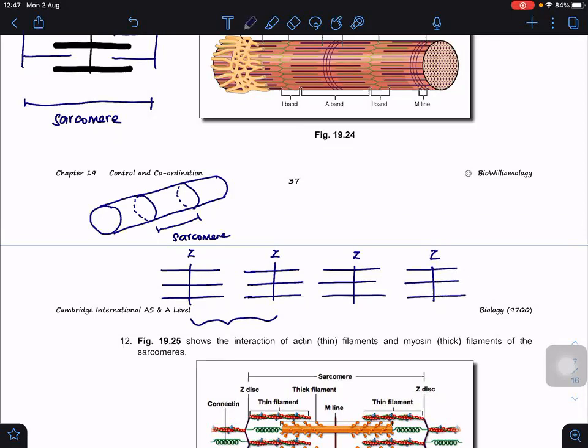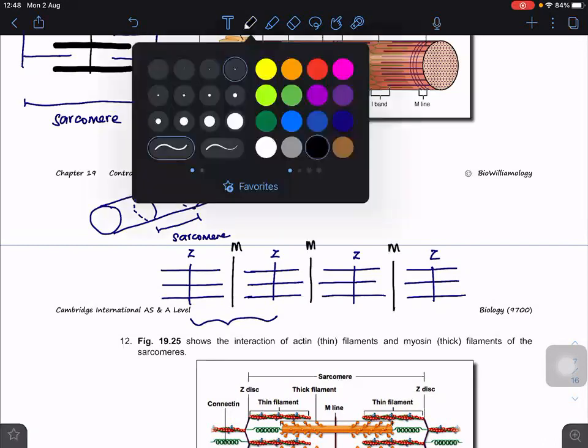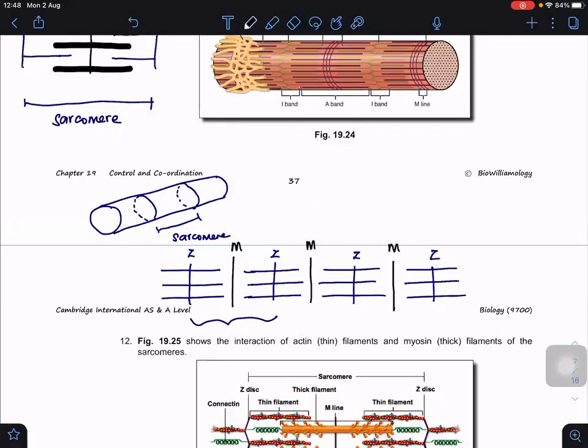Then we do have the M line in between, M line, M line, M line. What does the M line hold? The M line holds the thick filaments.